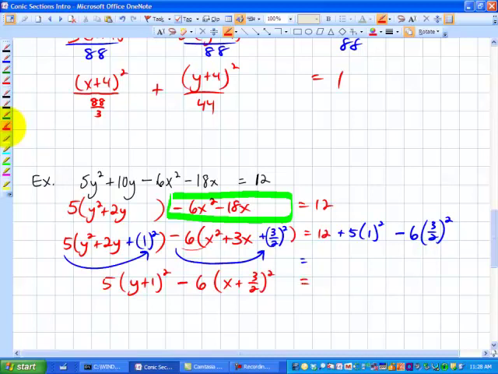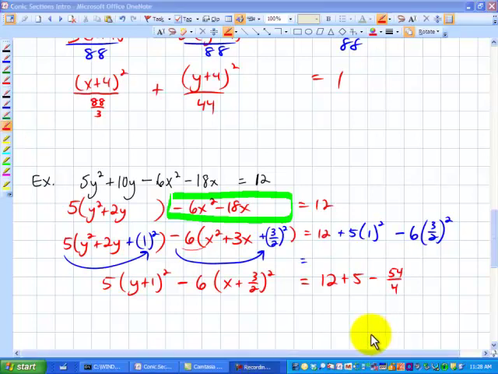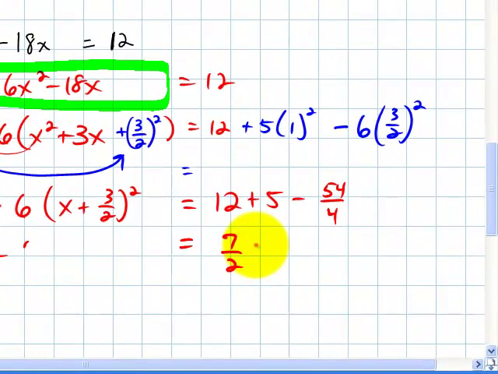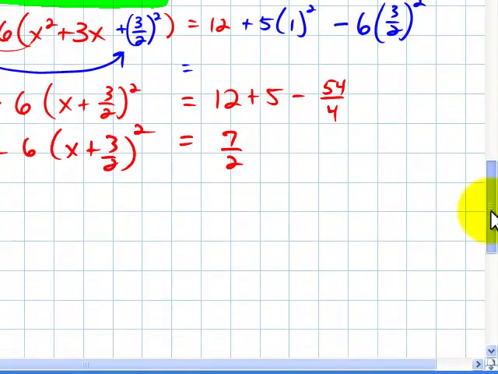See, just incredibly lazy. And then over here I've got 12 plus 5 minus 6 times 9 fourths, 54 fourths, whatever that is, which is 7 halves. So I've got all this stuff here. It's getting kind of messy.